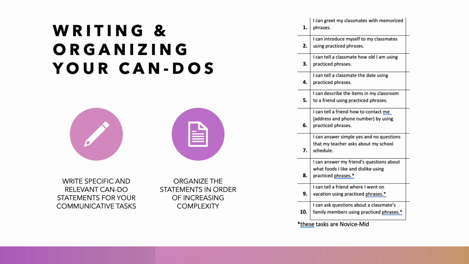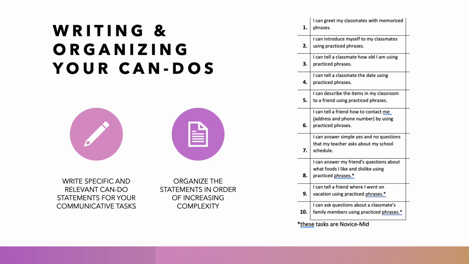It's also helpful to identify tasks which may represent the next proficiency sublevel. For example, if 8 out of 10 of your tasks are for novice low proficiency, and the final 2 tasks are for novice mid, identifying this on your self-assessment can help your learners recognize their own proficiency development along the continuum. 10 statements per assessment is a good goal, although this is not a hard and fast rule.